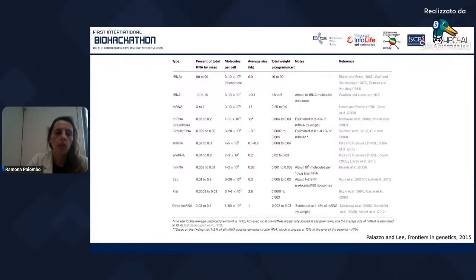So if I want to analyze the differentially expressed genes in a sample, I have to be aware that other kind of RNAs are in my samples, and to be able to decrease the background noise, I have to choose the right protocol, the right procedure to have an enrichment of my sample in specific species of RNAs.